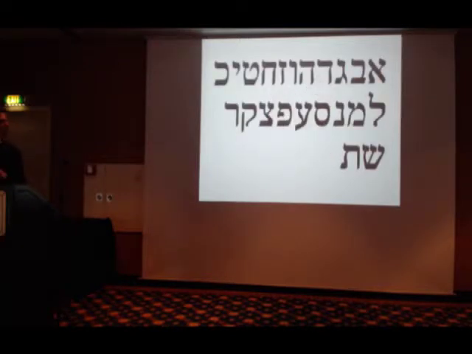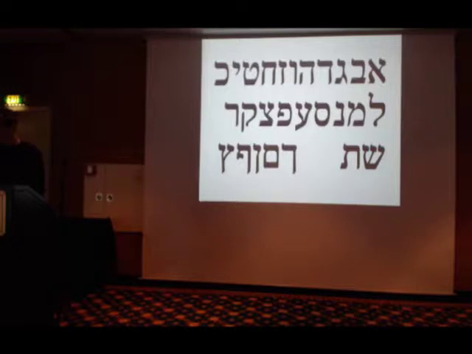But first of all, assuming that most of you are not familiar with the Hebrew script, I'll do a quick preview or introduction to the Hebrew script. Modern Hebrew consists of 22 letters, 5 of which have final alternate forms.